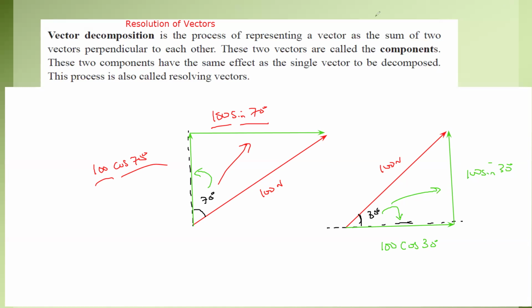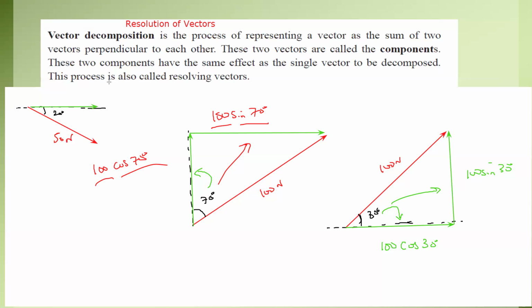Another example: say this is a vector, and the angle is given as 20, and we have a vector of 50 newtons. So it will have two components. What is this component? Sine or cosine?